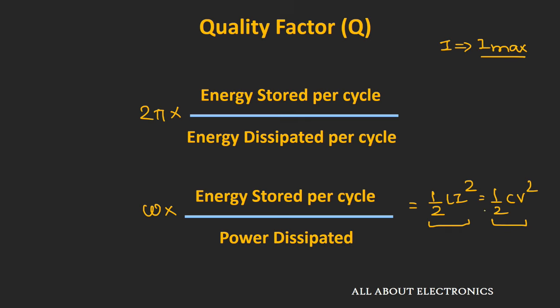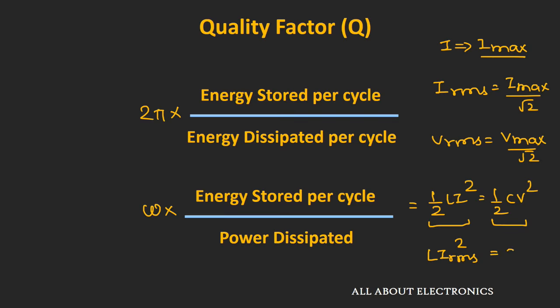So now if we write this equation in terms of the RMS values, where I RMS is I max divided by root 2 and V RMS is V max over root 2, then we can write them as L I RMS square, that is equal to C into V RMS square.